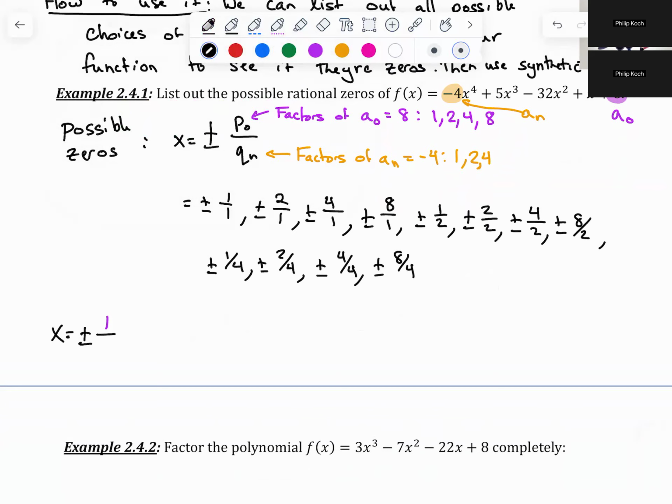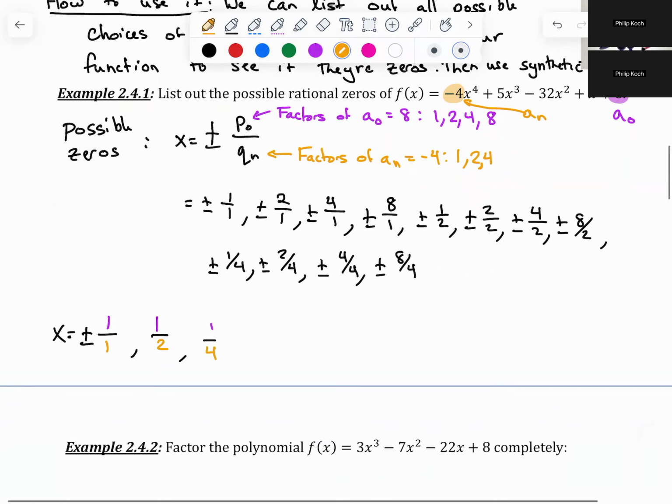1 over 1, comma, 1 over 2, comma, 1 over 4. And that's covered all the possible situations where the numerator is 1.